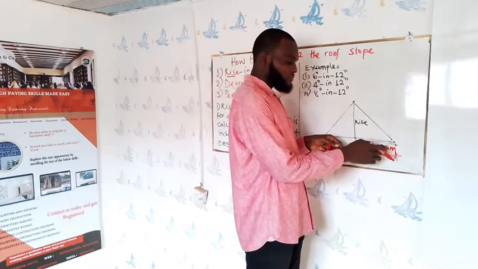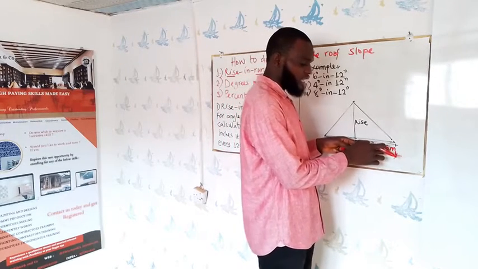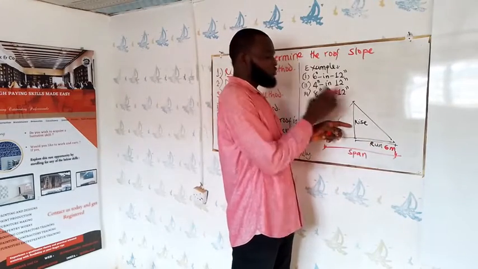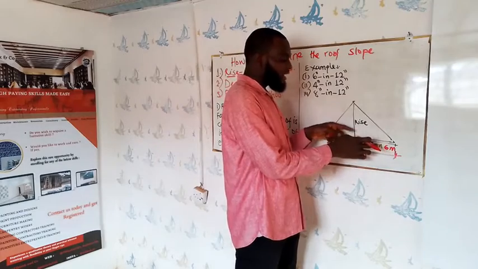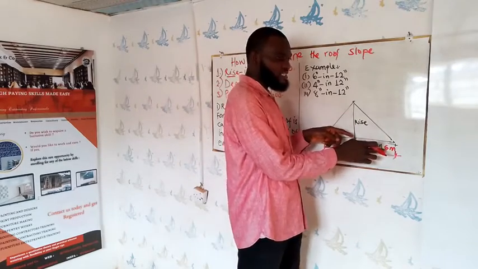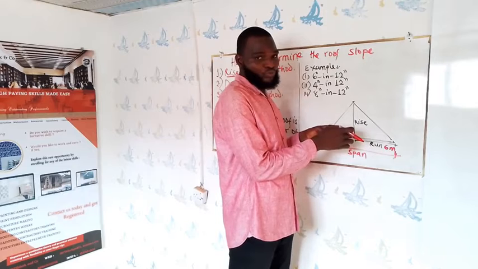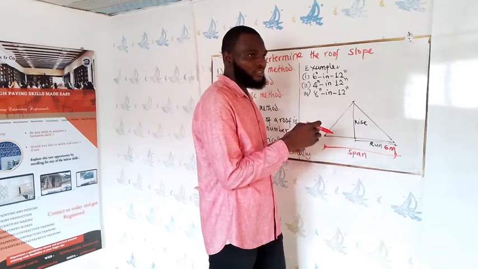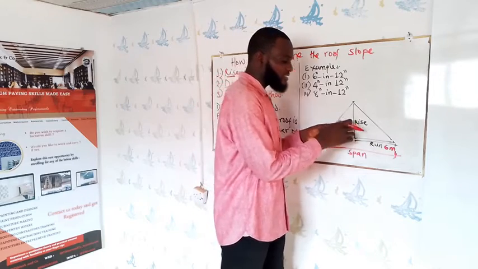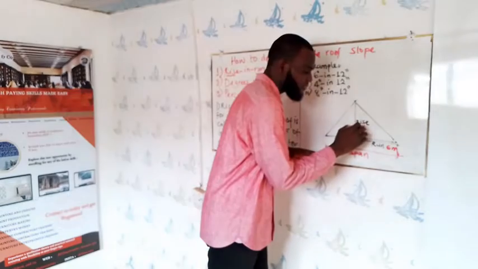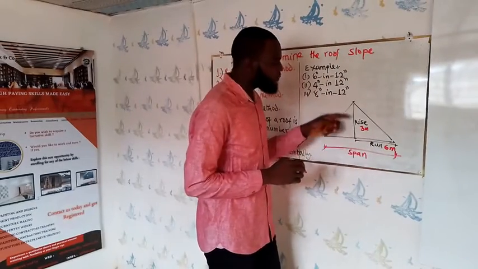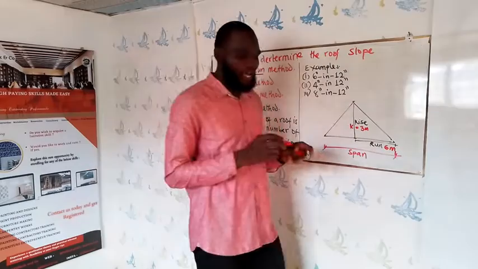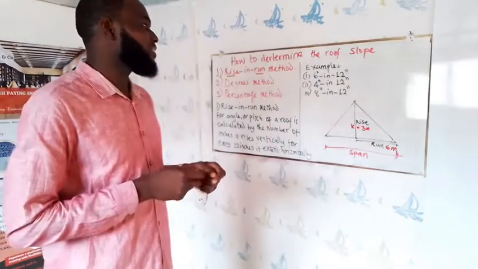Since 12 inches is twice 6 inches, our rise will be the 6 meters divided by 2. So in this case, our rise will be 3 meters. It means the king post will be 3 meters high. That is what the rise and run method means.